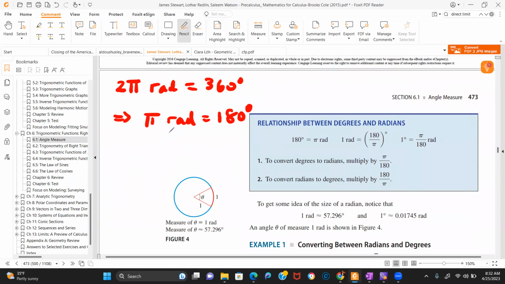So this should give you a sense. Pi radians corresponds to rotating 180 degrees, so halfway around the circle. If you take half of that, you get pi over 2. Pi over 2 radians is equal to... let me just write that out. So pi over 2 radians is going to be equal to 180 divided by 2, which will give you 90 degrees.